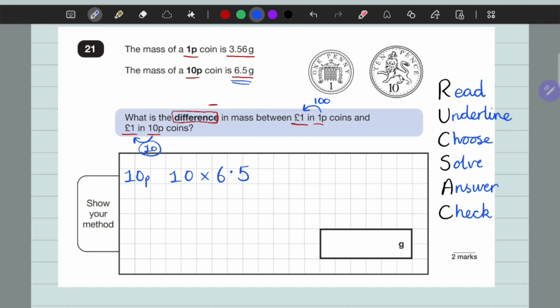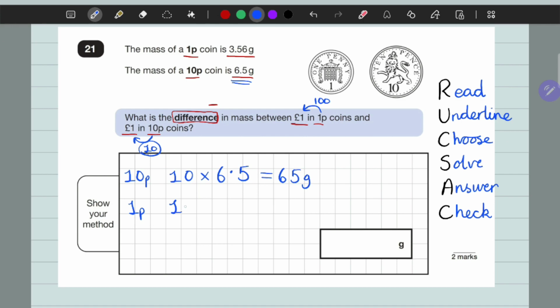6.5 grams. Okay. When I'm multiplying by tens or hundreds, I just need to move my digits one place value across, and that means I'm going to have 65 grams. Now working out for my 1p coins, I need 100 of them.